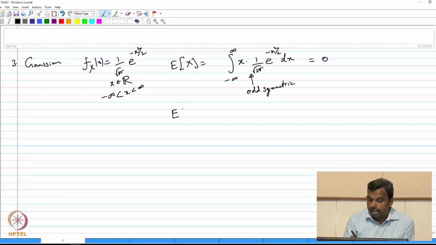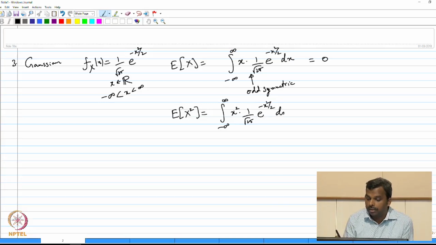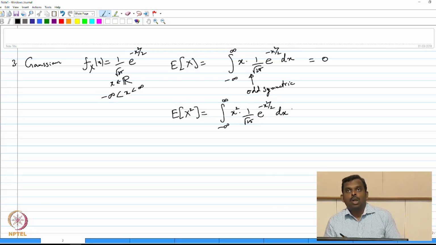The other slightly more tricky calculation here is the expected value of x squared. You're going to have x squared times 1 by root 2 pi e to the power minus x squared by 2 dx. In this case it looks a little bit tricky, so you actually have to do integration by parts. I'm going to show you how I do integration by parts.